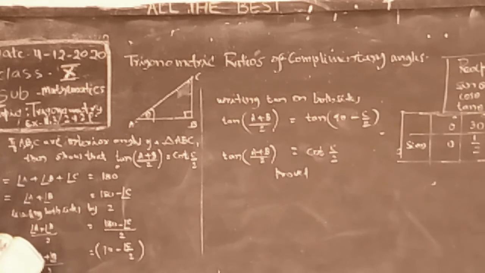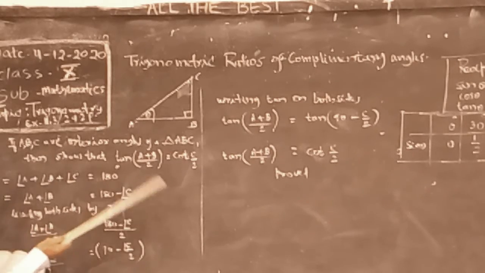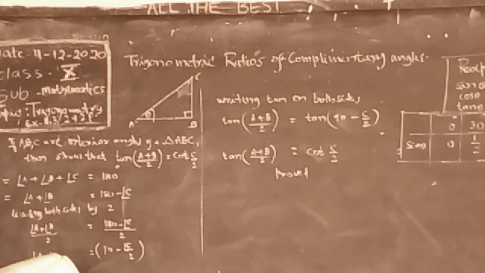If sin is given, write sin on both sides, and here on the left side B plus C is there. So you write B plus C on this side, and A will go to that side. Automatically the remaining angle will go. By seeing these examples, you can easily follow.